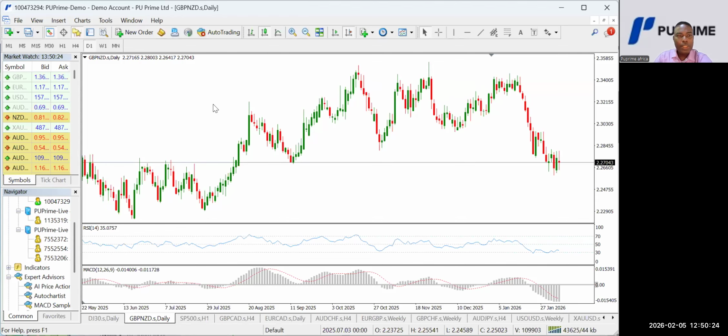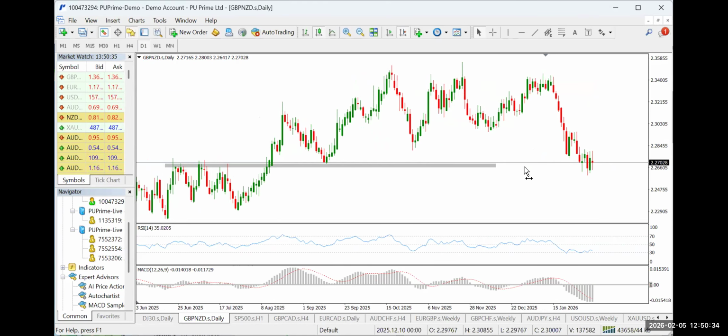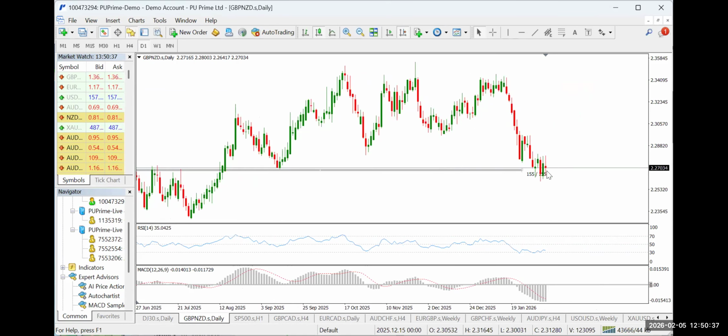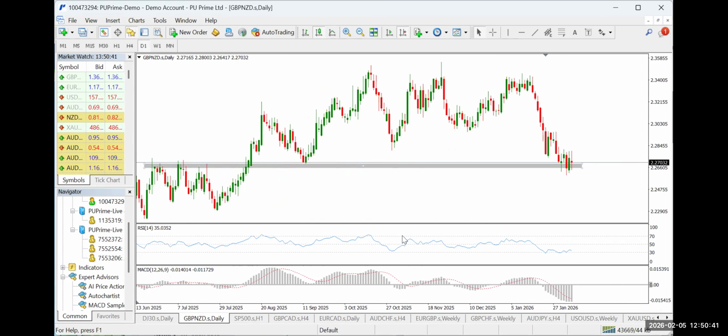Now, on the daily time frame, we have price closing last week around this resistance turned support zone. Valid resistance here and valid support. So technically, we're looking out for a move to the downside.